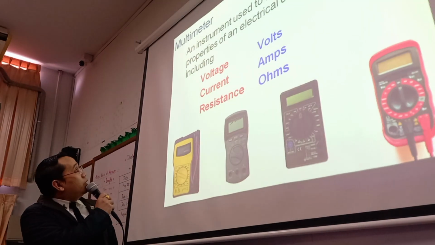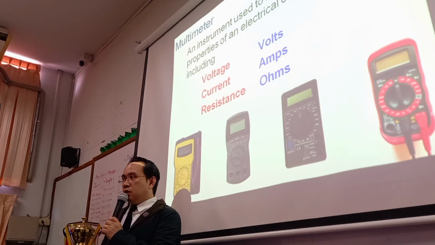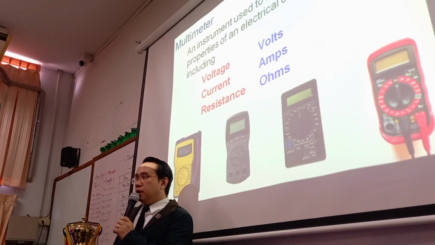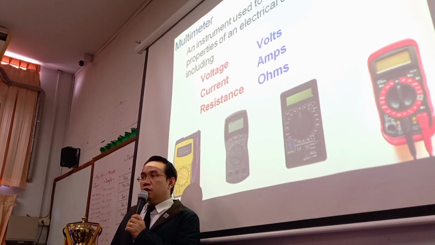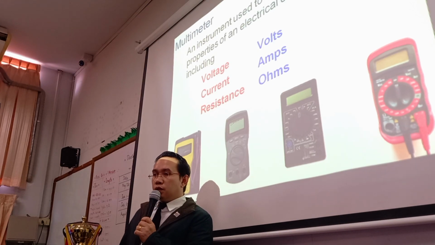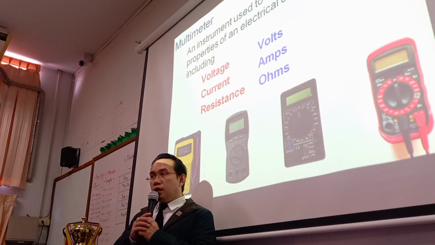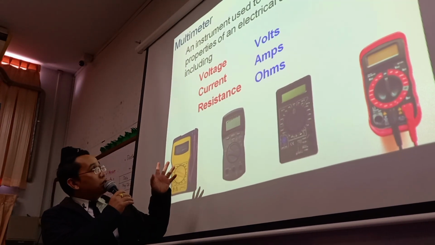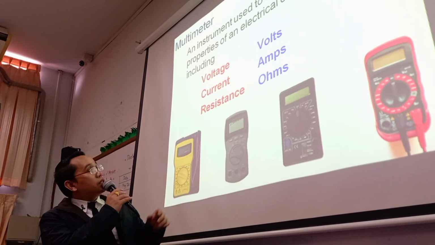And we ended up with different measuring equipment, different testers, on how to determine the amount of current, the voltage, and of course the resistance. Those instruments are used to measure the properties of an electrical circuit: volts or voltage, the amount of current, and the resistance.